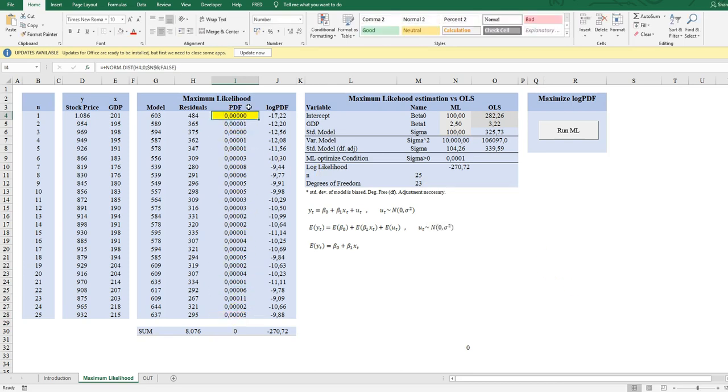Now the PDF here can be interpreted like a probability or a likelihood. And now we don't just want to optimize the probability that the residuals go to 0 for this observation. We need to do it for all of them at the same time.